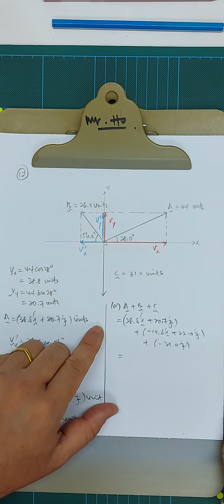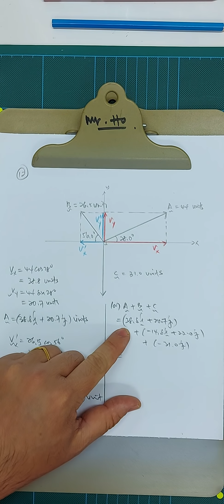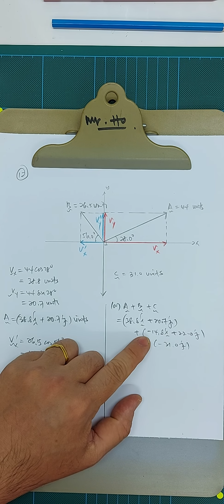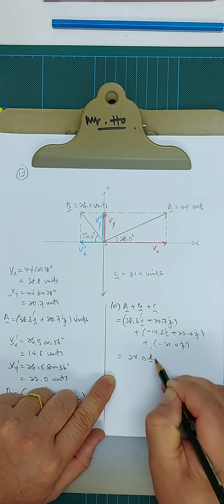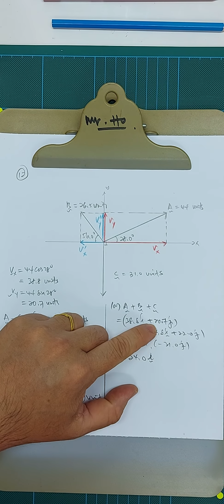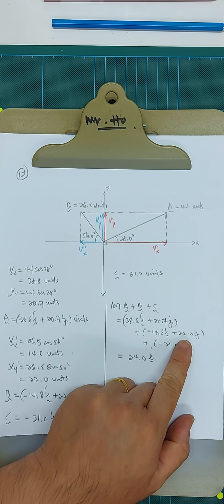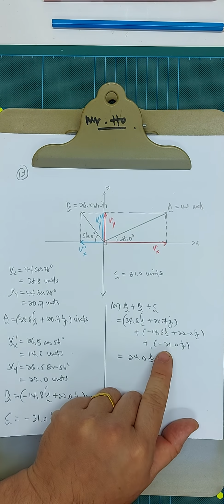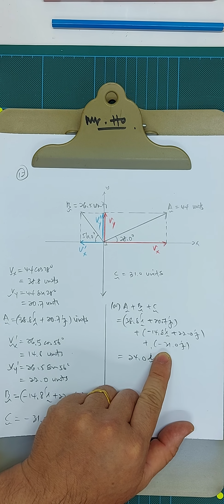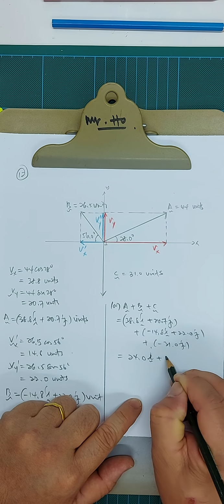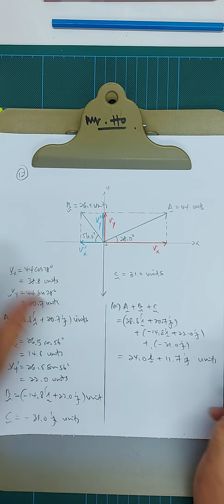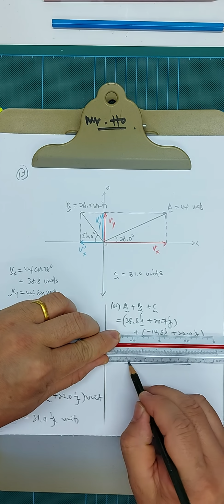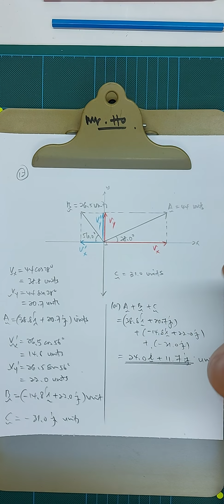We sum i with i, and j with j. 38.8 minus 14.8 gives 24.0i, and the j will be 20.7 plus 22 minus 31, which gives 11.7j units.